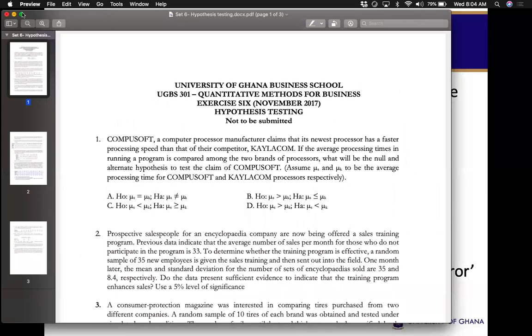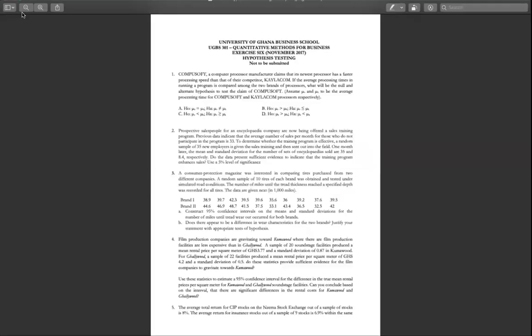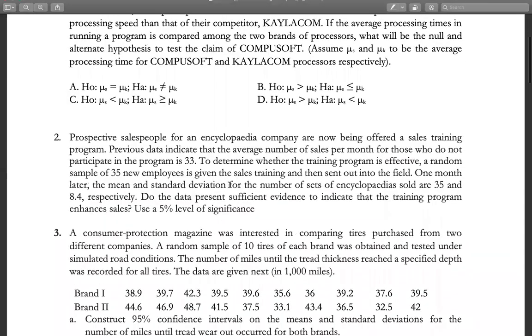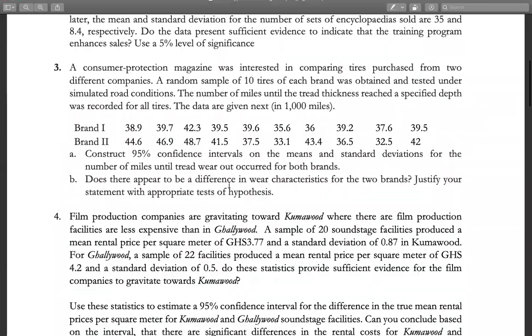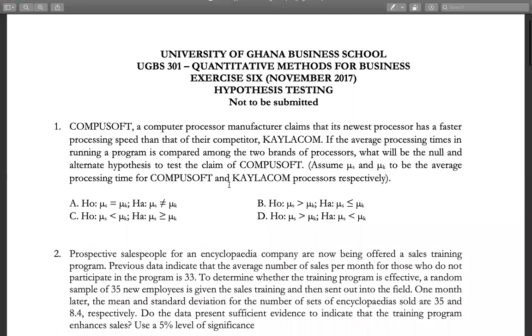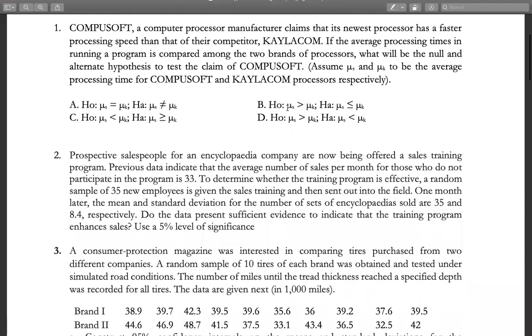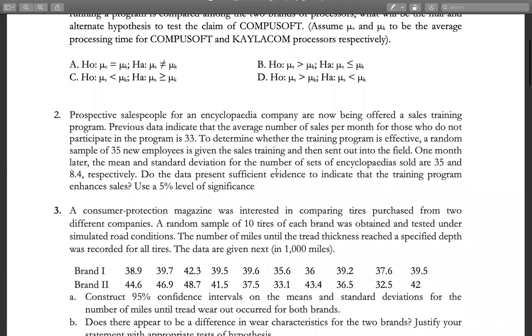Okay, so we have some examples to go through, and let's see how they can be done. All right, so okay. CompuSoft, a computer processor, claims that its newest, okay, this is a two sample case.